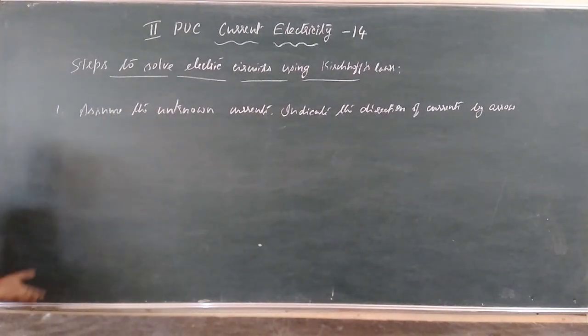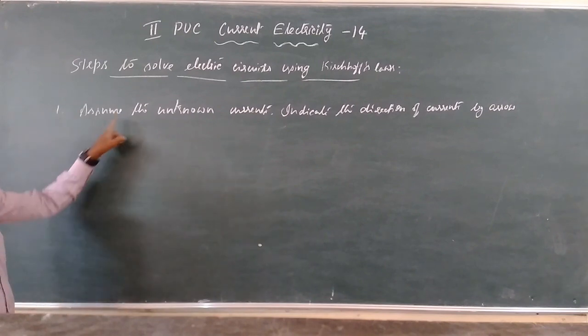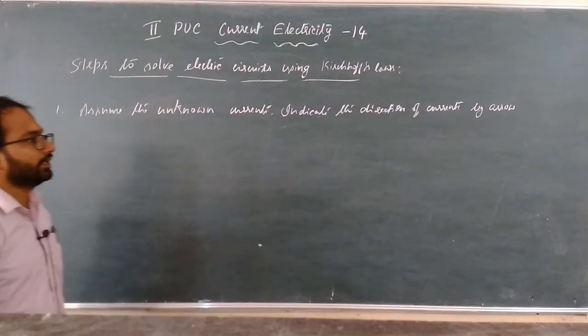So assume the unknown currents in the electrical circuit. There may be various branches, right? So assume the unknown currents in various branches and various loops. Assume the unknown currents first. Indicate the direction of currents by arrow.